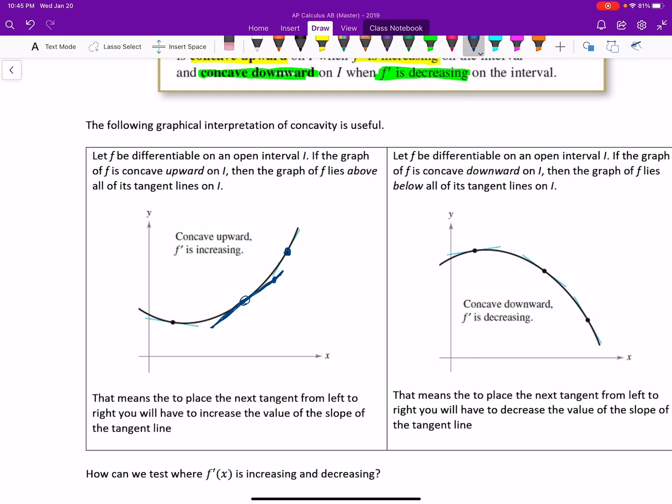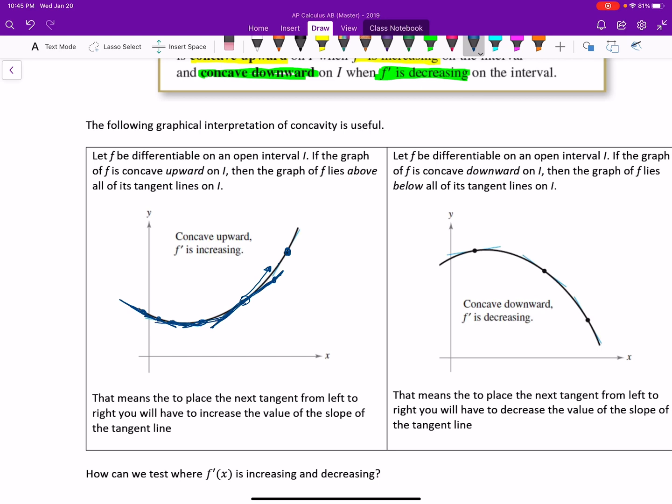If I started over here on the left-hand side, I have a negative slope. As I start rotating, the slopes become less steep, closer and closer to zero, eventually becoming zero, and then starting to become positive.